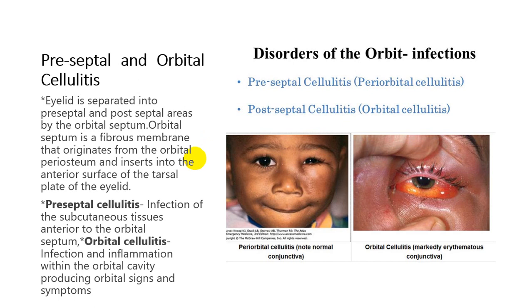Preseptal cellulitis is infection of the subcutaneous tissue anterior to the orbital septum, and orbital cellulitis is infection and inflammation within the orbital cavity producing orbital signs and symptoms.